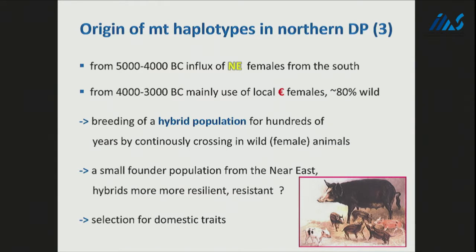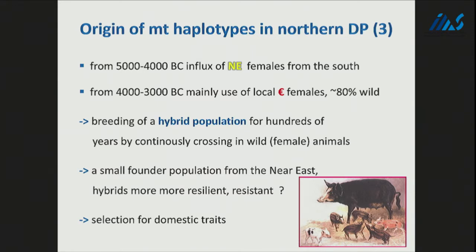And the problem then that arose was that this population wasn't so stable. And in order to stabilize it, they crossed in wild animals. And we know from modern studies that hybrid populations are very resilient and very resistant also to diseases. At the same time, though, they started to select for domestic traits. We see this, for instance, in the size reduction.